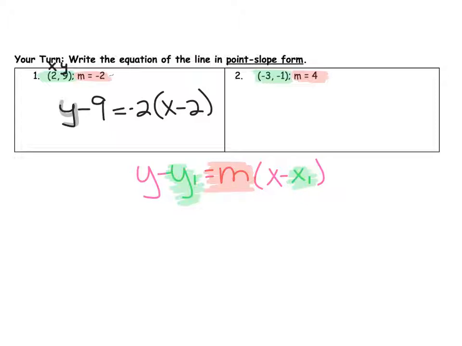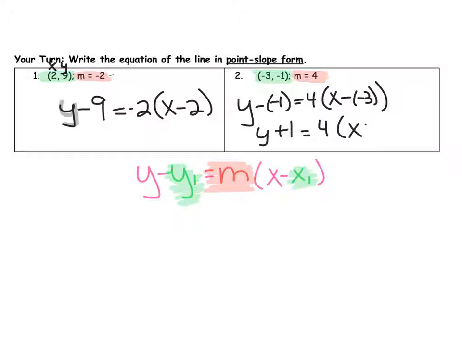For the second question, I get y minus a negative 1 is equal to 4 times x minus a negative 3. We don't want double negatives, so we're going to want to simplify that to y plus 1 is equal to 4 times x plus 3. And we're done.